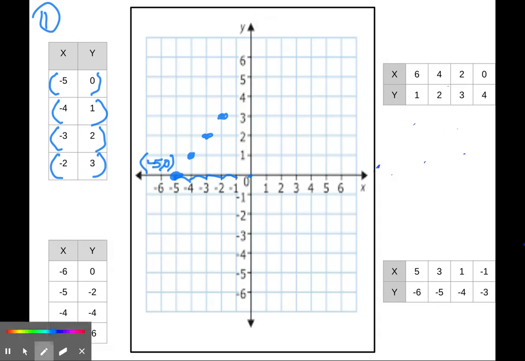So what you're finding out here is this is actually a connected line right here. And if you notice, all of the x's are negative and all of the y's are positive. So this is quadrant 2.